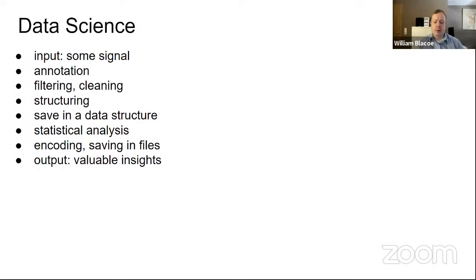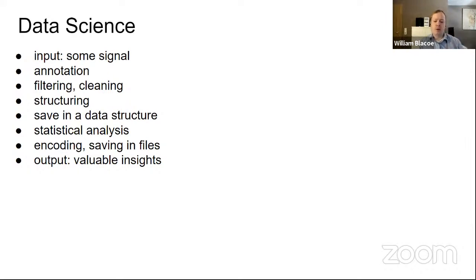This is very general. You receive as input some signal, be it visual, audio, text, tweets, anything. And then you need to filter those data points and clean them so that you can have a data structure with those points in them. And you need to decide on the structure.